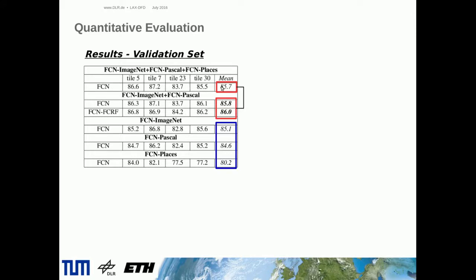With 3 models we perform at 85.7%, whereas with 2 ensemble models we have 85.8%, and if we add the post-processing step of fully connected conditional random fields, which pushes the accuracy further, the outcome was 85.8. Here you can see the independent models, and as you can see, the Places pre-trained model doesn't perform as well as the others. This is also obviously visible in the statistics.